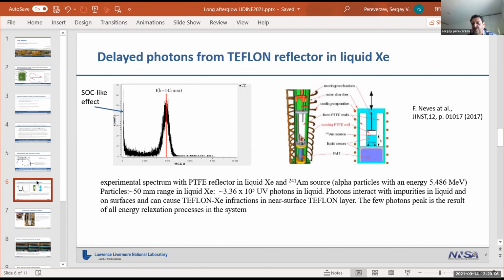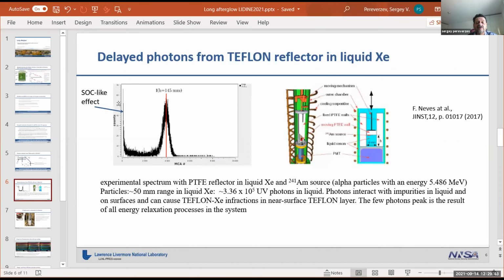people are using Teflon as a reflector, and of course they're measuring reflectivity of UV light. I just took one paper which contains raw spectra of events. The main peak is the medium source producing light, and they register this light reflected from Teflon for different lengths of path, like many different numbers of reflections.